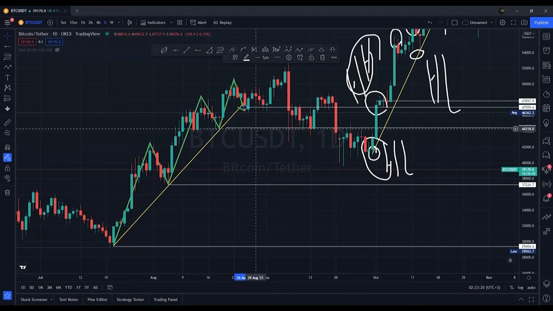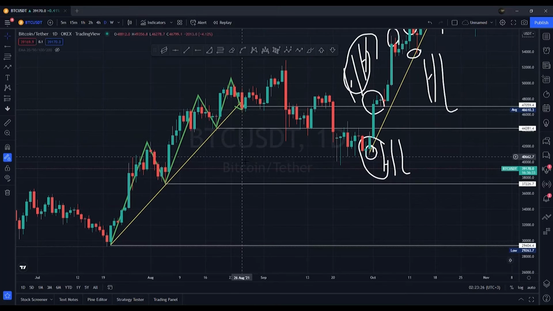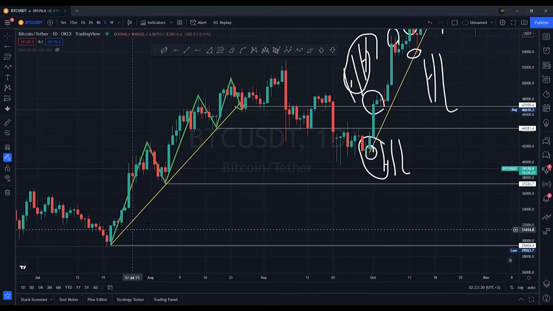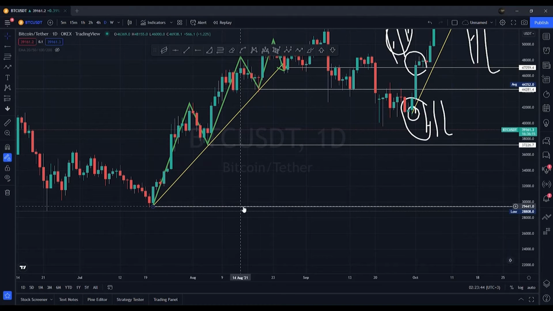Let me delete this one. The first higher low was 29k and the second higher low was 37k. The third one was 44k and the last higher low was 47k.